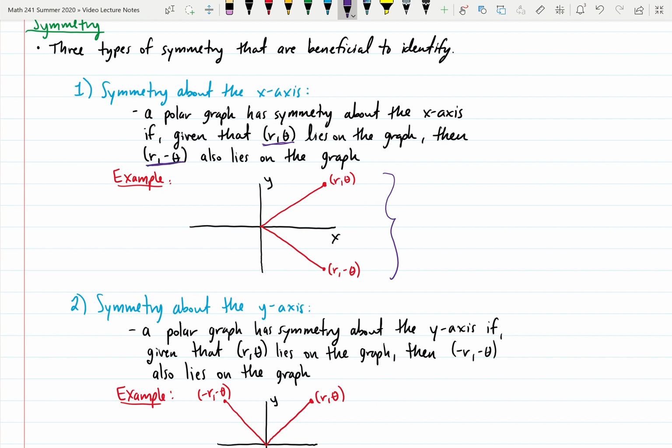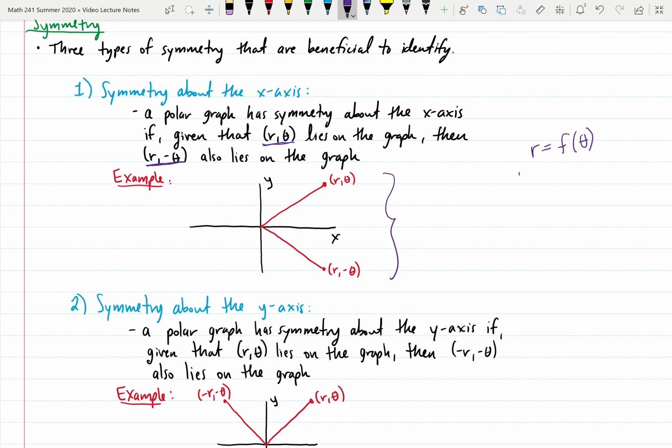So what does it look like to try and prove that a polar curve has symmetry about the x-axis? Well, you would have your polar curve, represented as some function where r is equal to f of theta. So r is given as a function of theta.